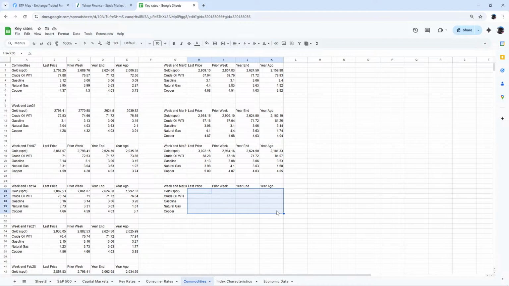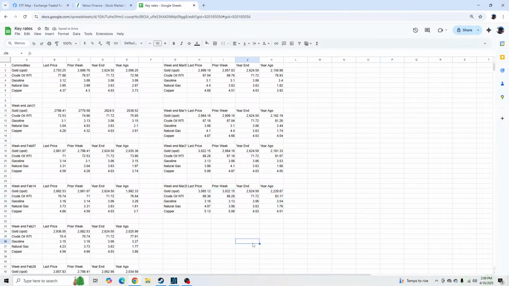All right, back to looking at commodities. Gold. 3.9. Bada bing, bada boom. Index characteristics. Let's try it out.